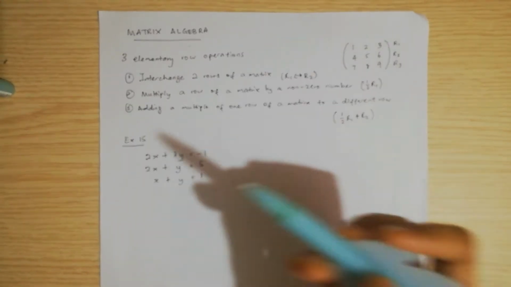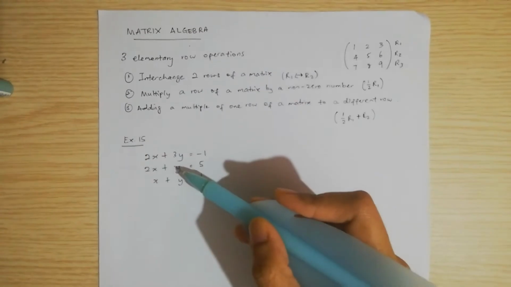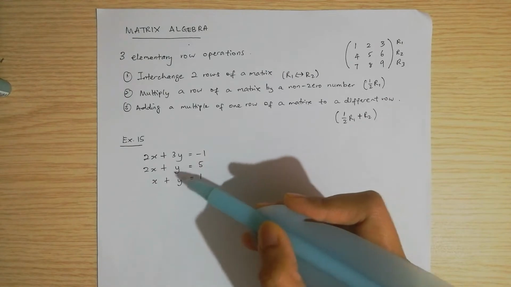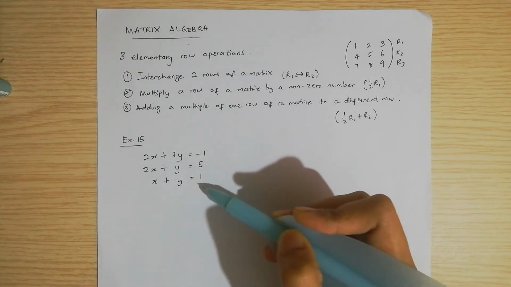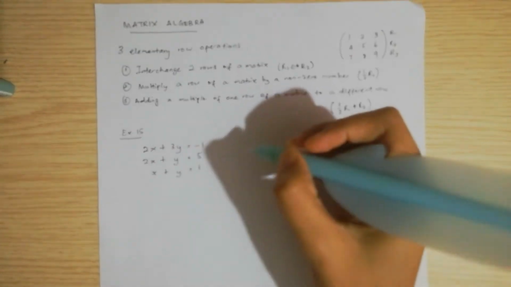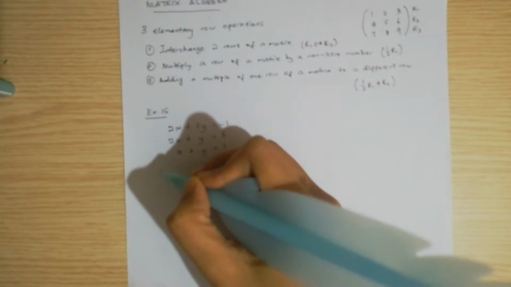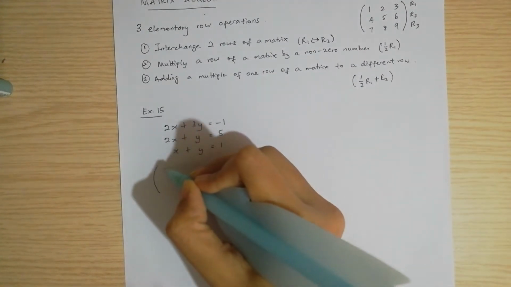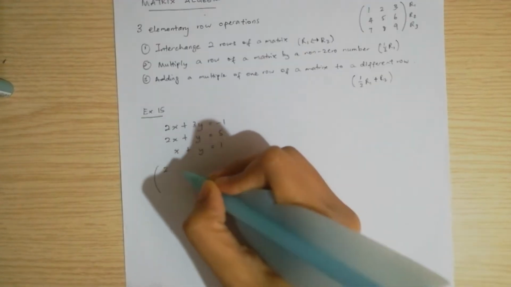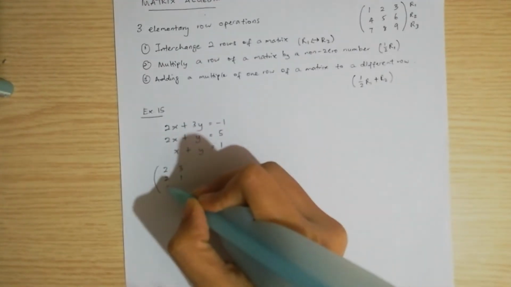Now I will use example 15 from the module. Let's say you have 2x plus 3y equal to negative 1, 2x plus y equal to 5, x plus y equal to 1. First you have to change this to the matrix form. So we will write 2, 3, 2, 1, and 1, 1.